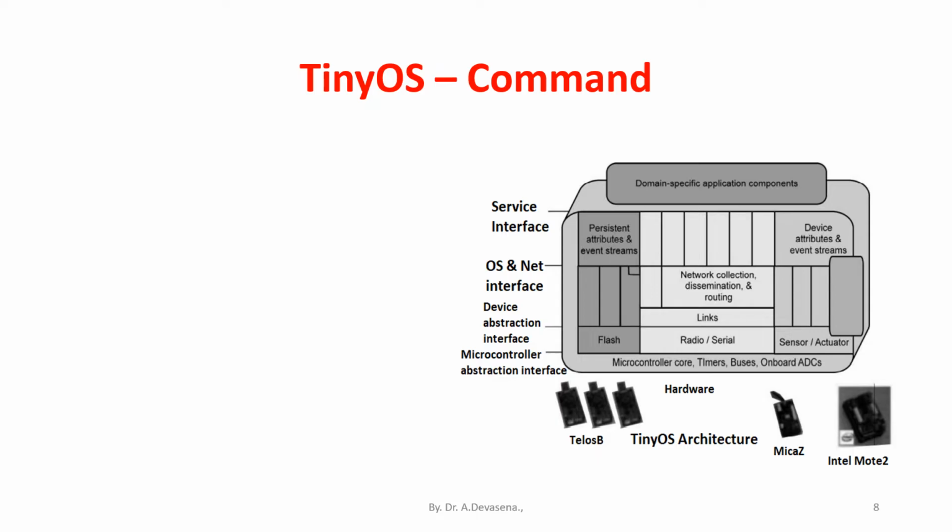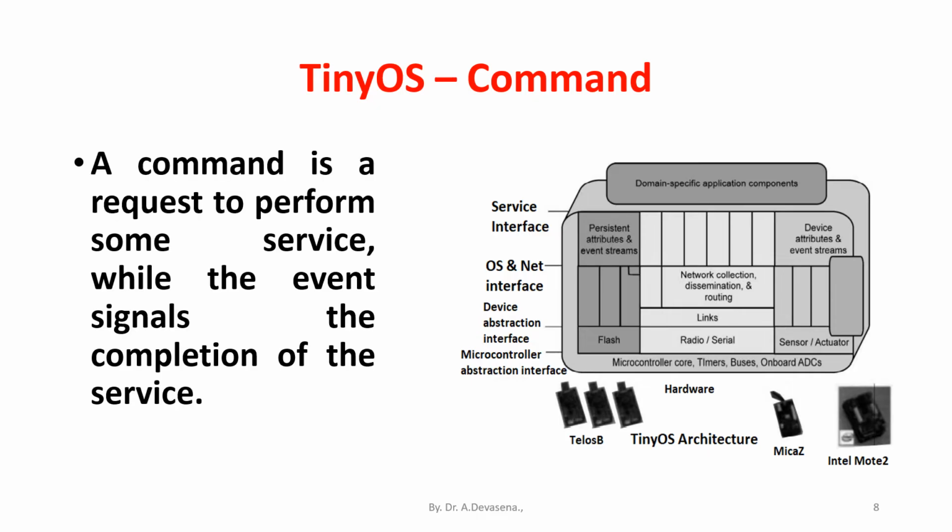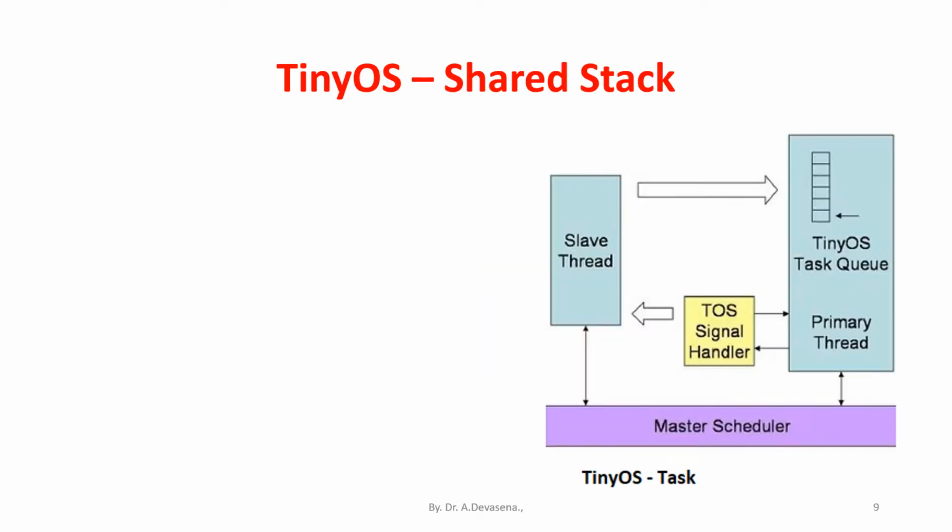A command is a request to perform some service, while the event signals the completion of the service. TinyOS provides a single shared stack, and there is no separation between kernel space and user space.